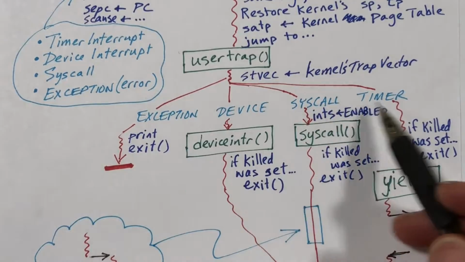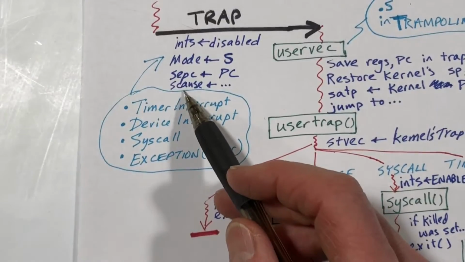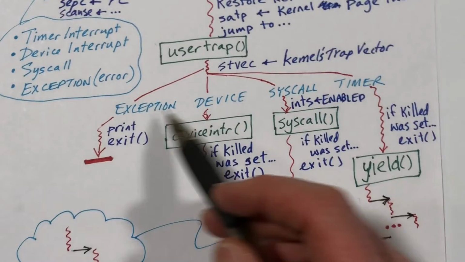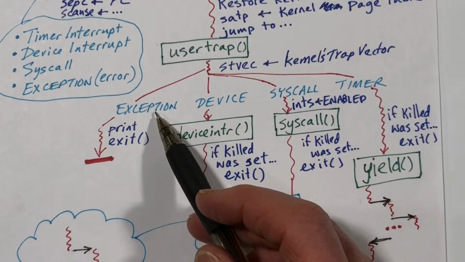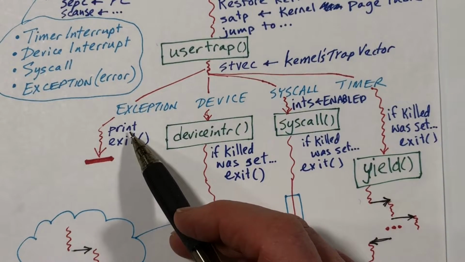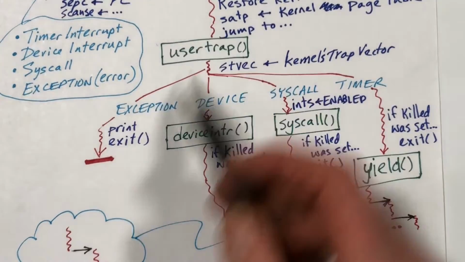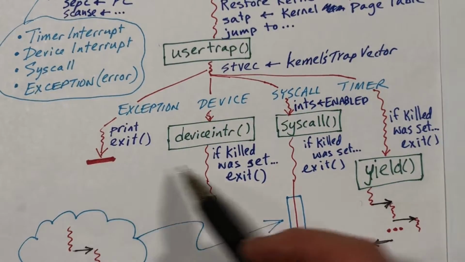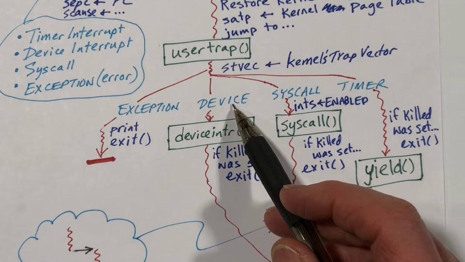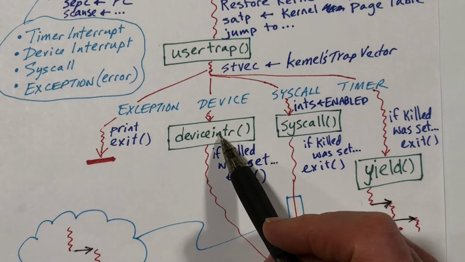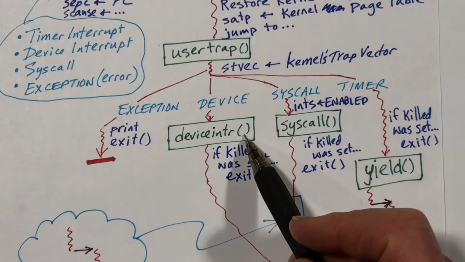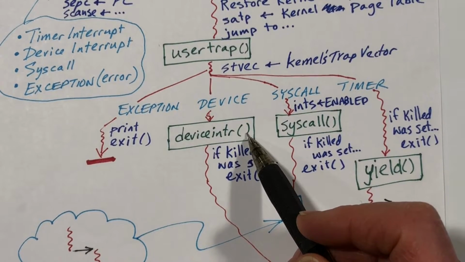And then we look at the scause register and determine whether it was some sort of a program exception. If there's an error, we print a message and call a function exit, which will terminate this process altogether. If a device needs handling, well, we call this device interrupt function here to take care of that.